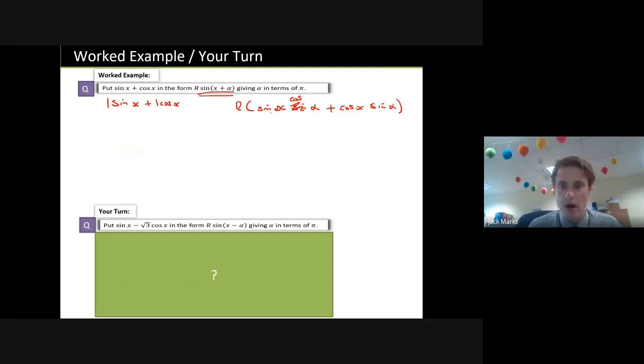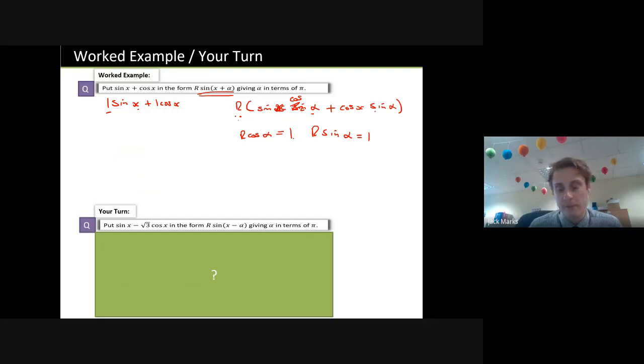The part that goes along with the sine x is r cos alpha. What goes with the sine x here? It's 1. So r cos alpha equals 1. Same again. So what goes with cos x? r sine alpha. r sine alpha equals 1.